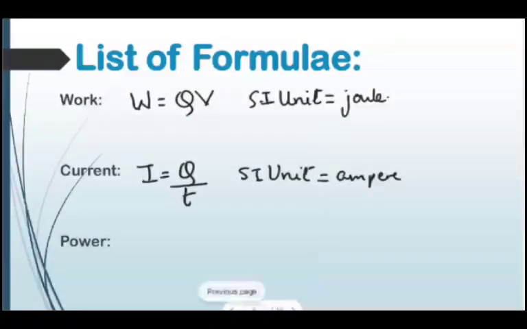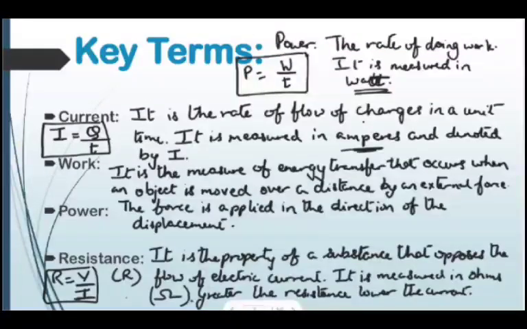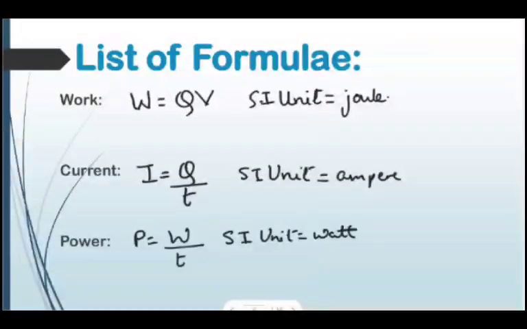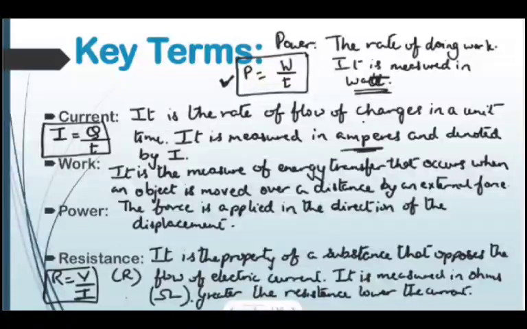Okay? And then we have power. What is power? Power is equal to work upon time. Power is work, or how fast the work is happening. And what is the SI unit? It is watt. There's one more mention on the previous page, which is resistance.